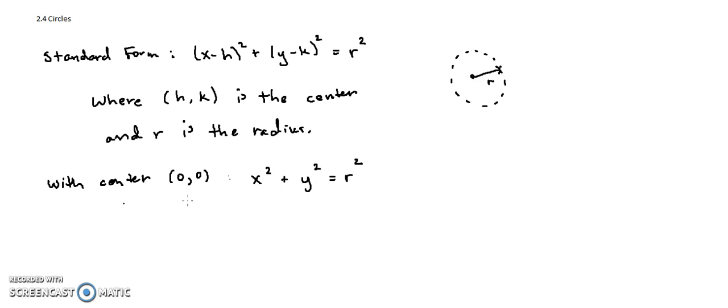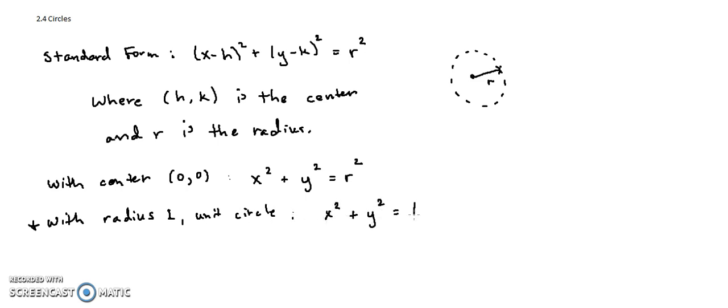If we have center at (0, 0) with radius 1, that's called the unit circle. So centered at the origin with radius 1 is called the unit circle, and that looks like x squared plus y squared equals 1. You may have seen the unit circle before, and you'll definitely see it again if you get into trig. That is one special case of circles, but for the most part, we're going to look at ones that look a lot like the standard form.